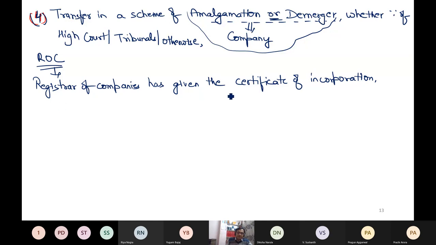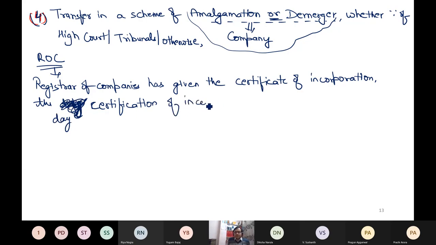On the day the certificate of incorporation is issued, the new person, or the new company, the new person becomes liable for registration by default.